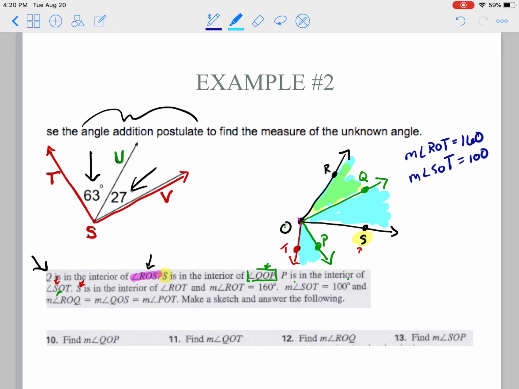And then you'll have to go about the process of finding QOP, QOT, ROQ, and SOP. So work those. I've got you started with the sketch.